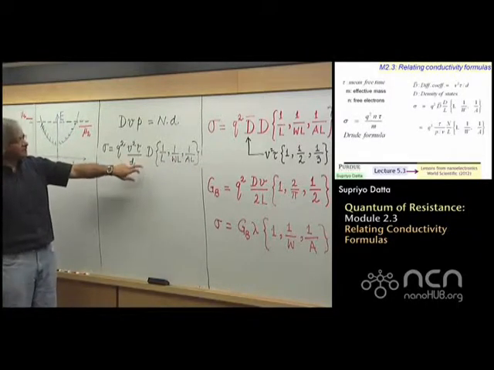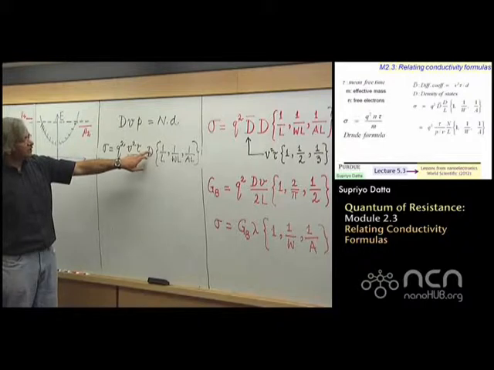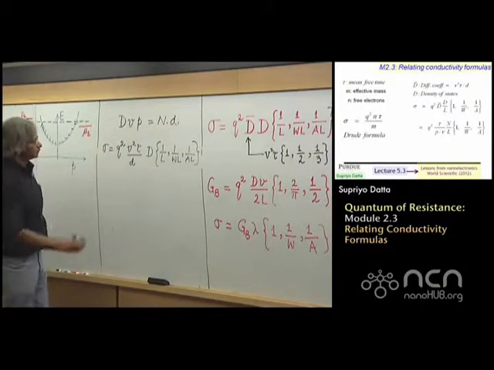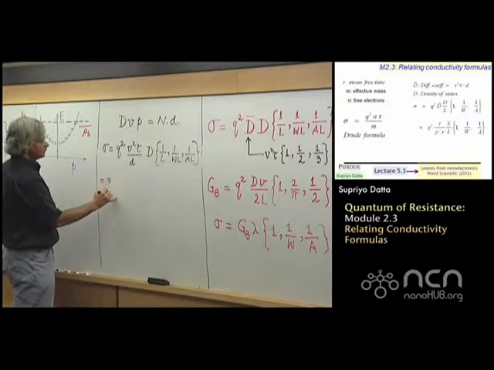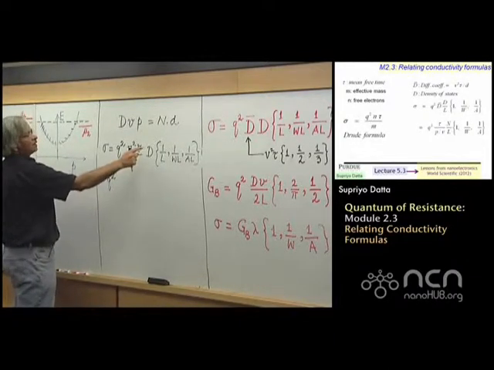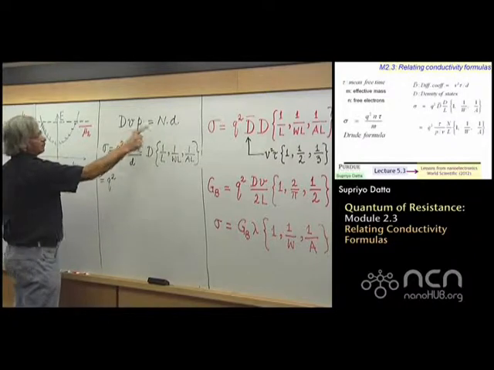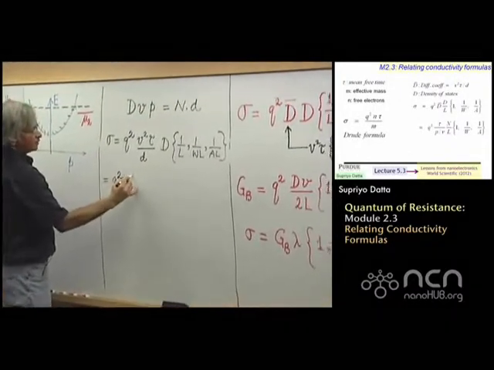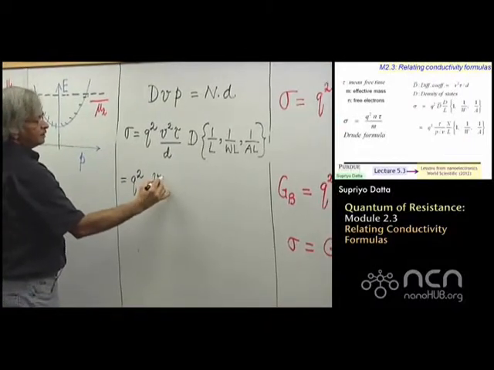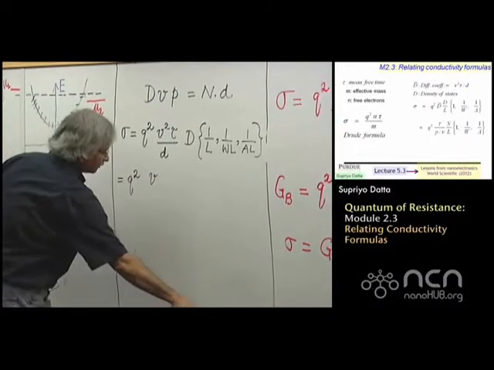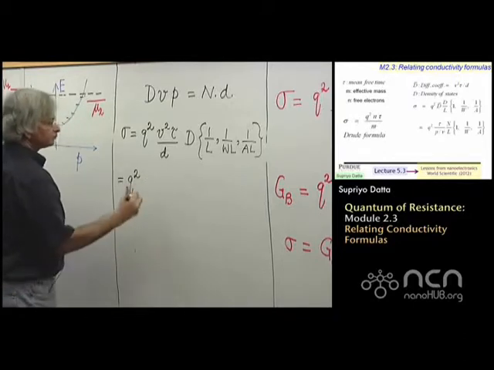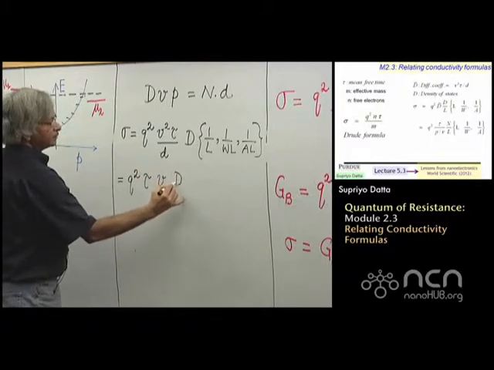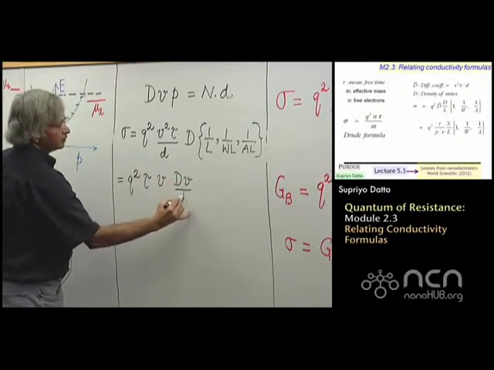Okay. So next step is, instead of dV, let me replace from this expression. So what you would get then is Q square dV divided by the number of dimensions is equal to N divided by P. So what you'd have is something like this: tau, V, and then dV divided by d.